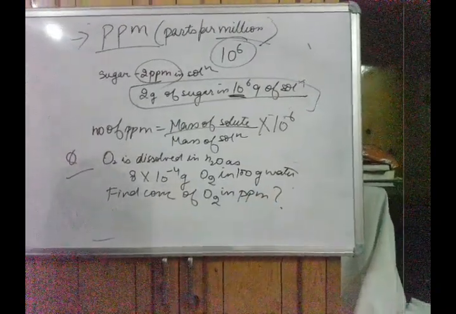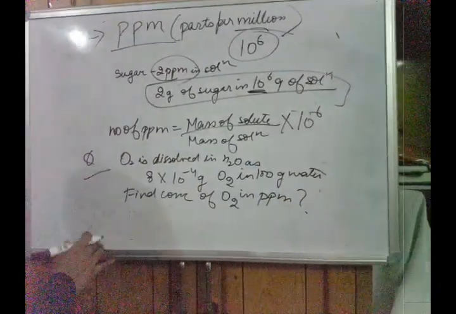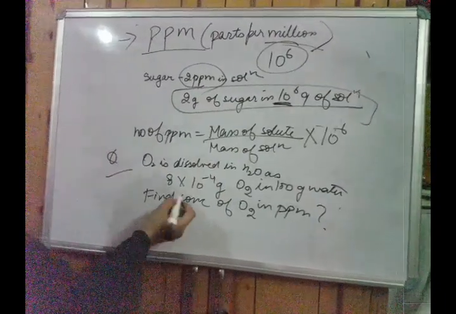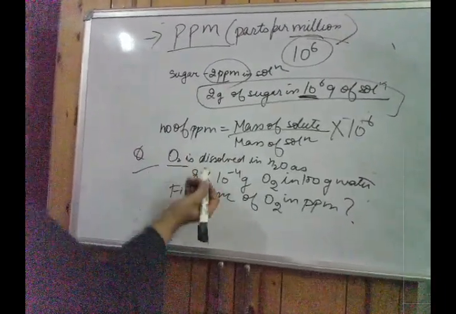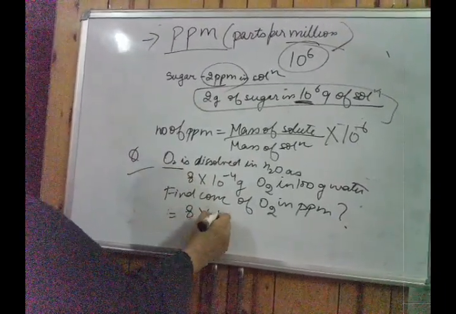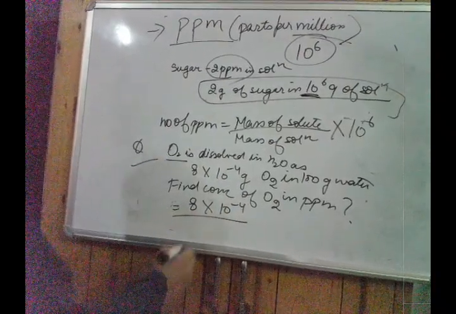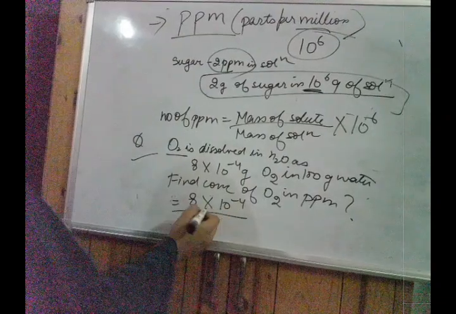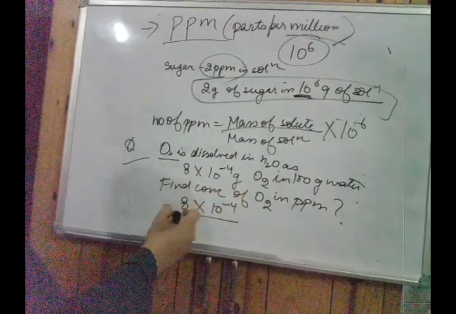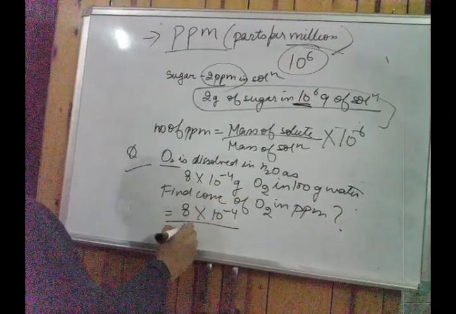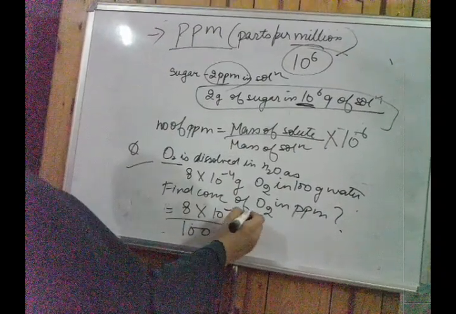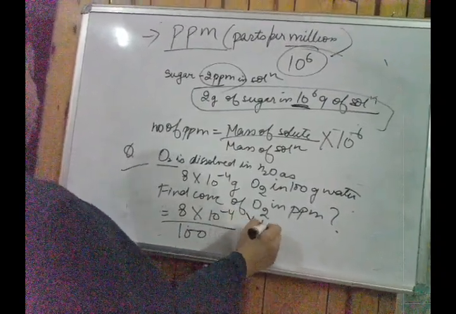This type of question comes from this part. So you know the mass of the solute. Here the solute is oxygen. So the mass of the solute they have given to you, by mass of the solution. Total solution also they have given you, that is 100, into 10 raised to the power 6.